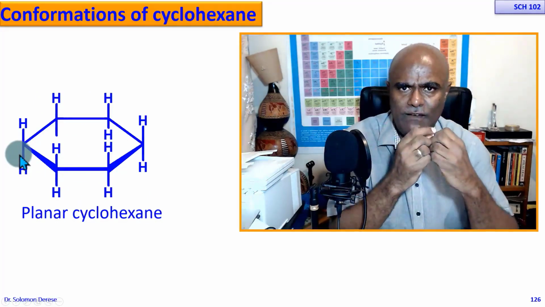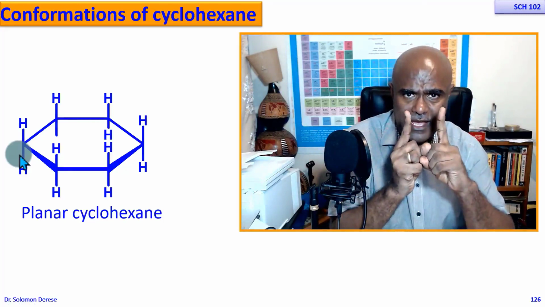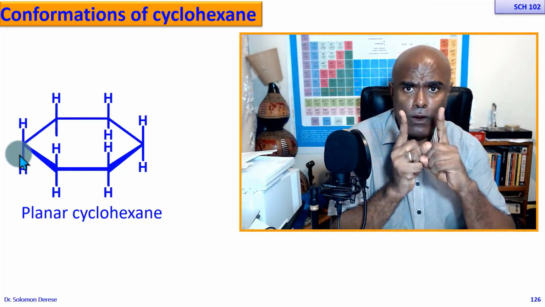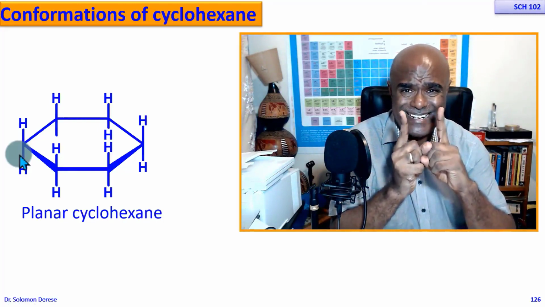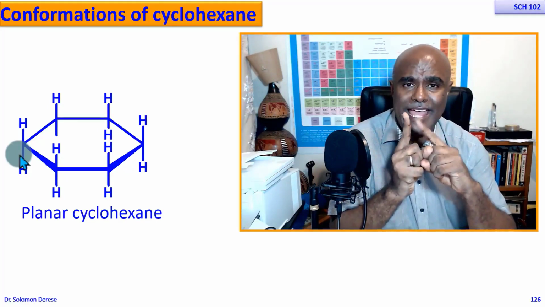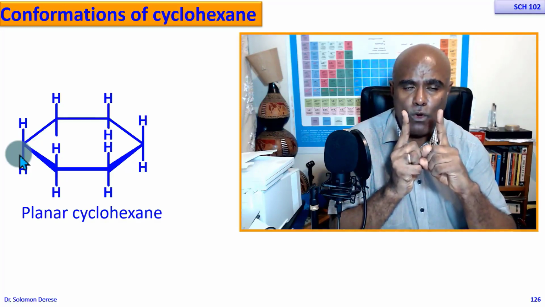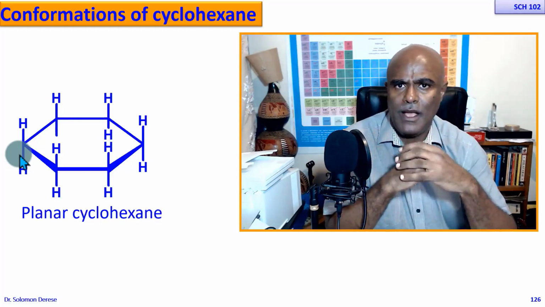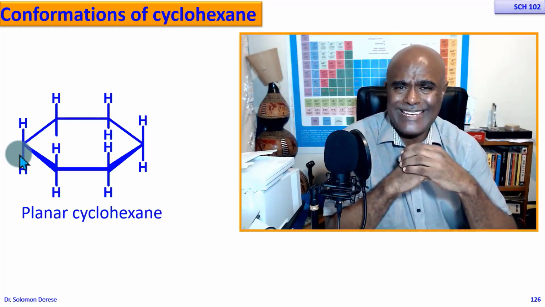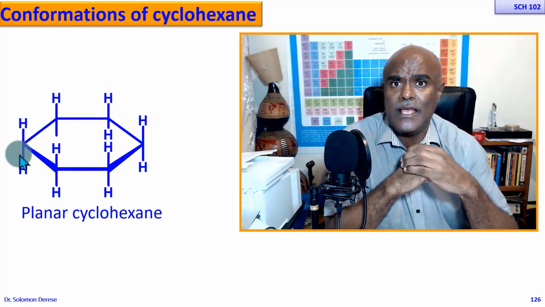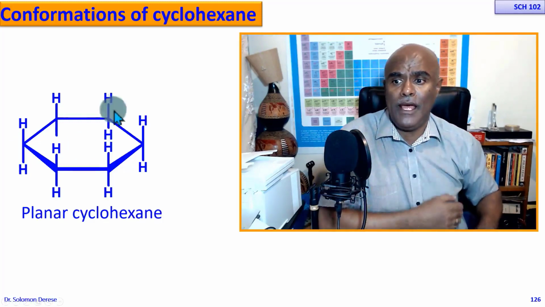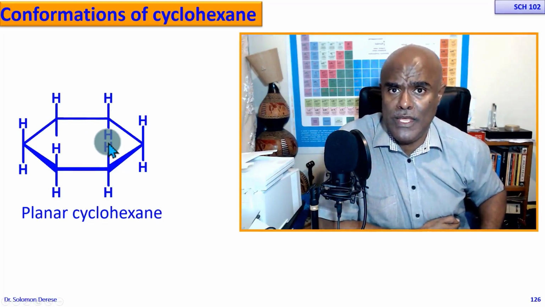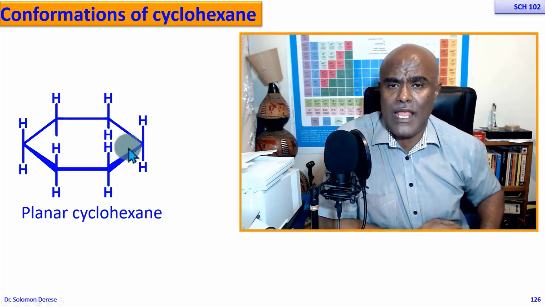All the 12 hydrogens are eclipsing each other like this. As a result, there is going to be a lot of electrostatic repulsion between the electrons of the carbon-hydrogen bonds on neighboring carbon atoms. All 12 of them are going to have electrostatic repulsive forces, making the planar cyclohexane very, very unstable.